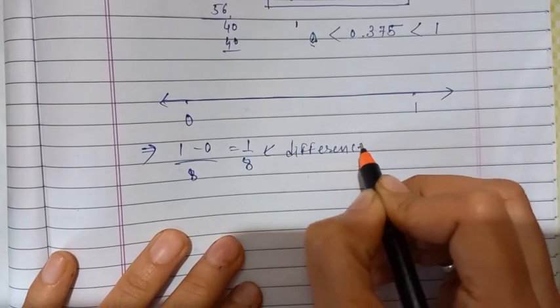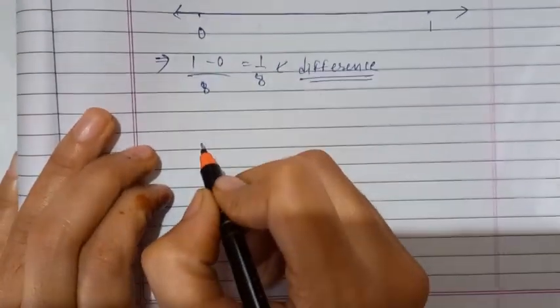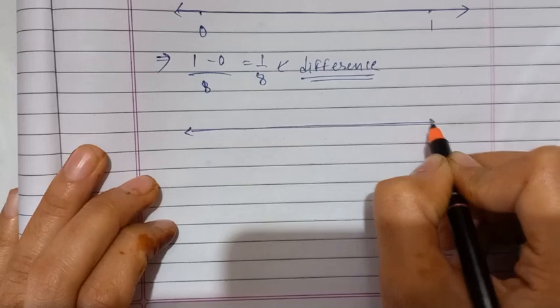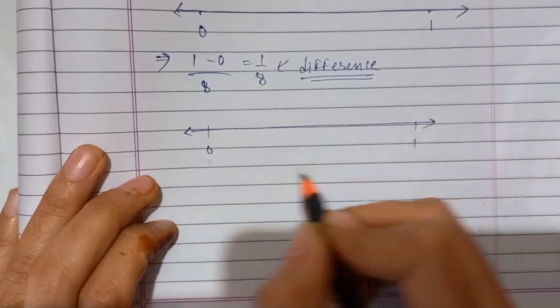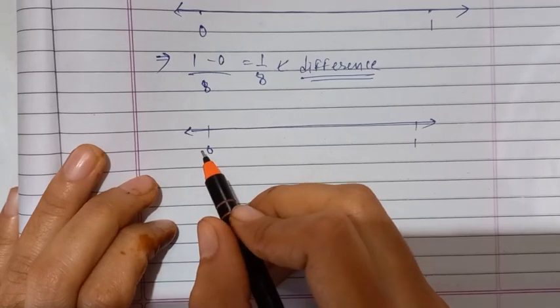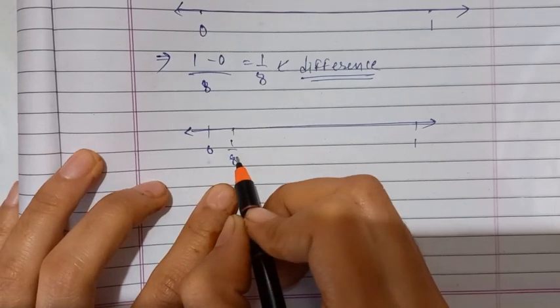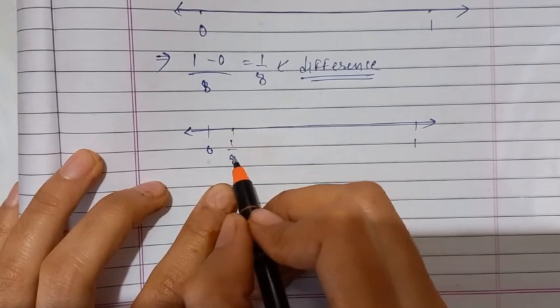Okay, so again I draw the number line, 0 and 1. Now add 1 by 8 to 0, so we will get 1 by 8. Again add 1 by 8. Again add 1 by 8.